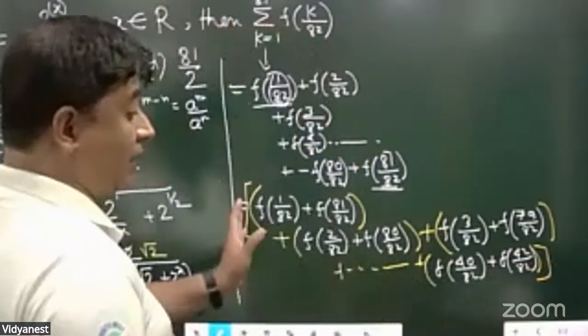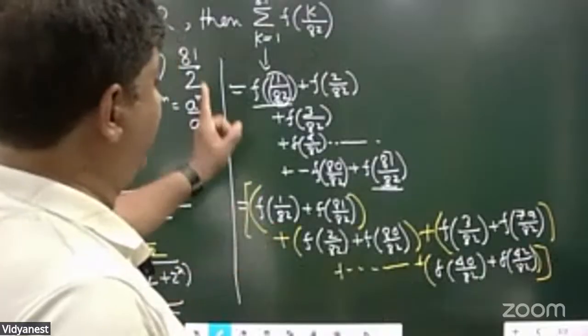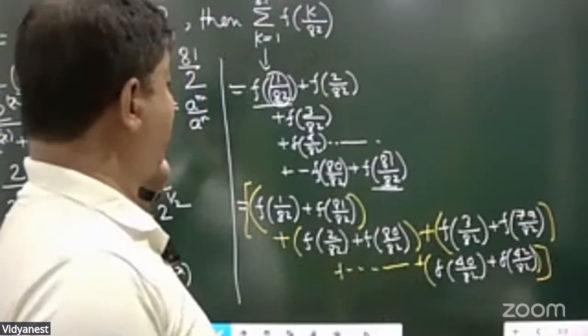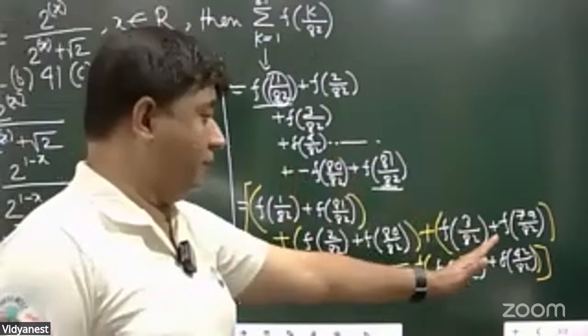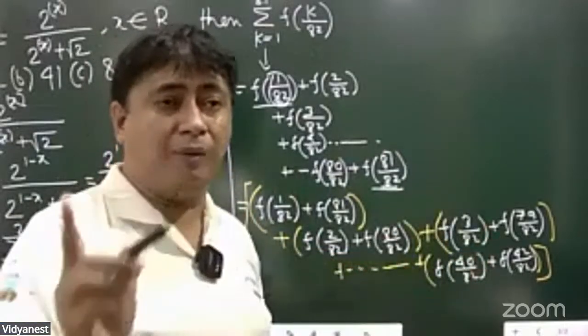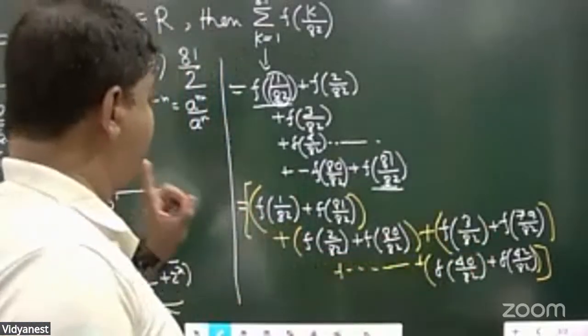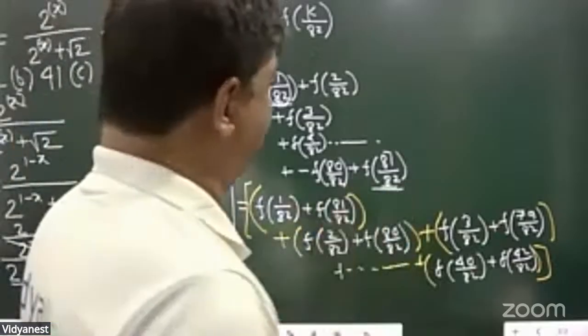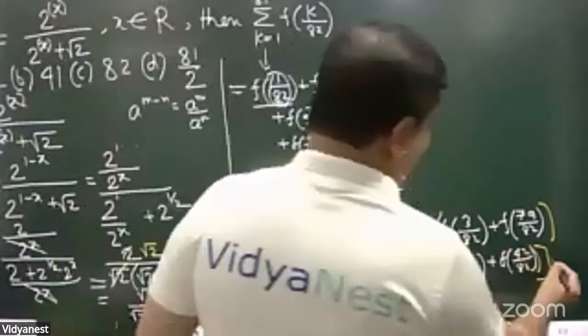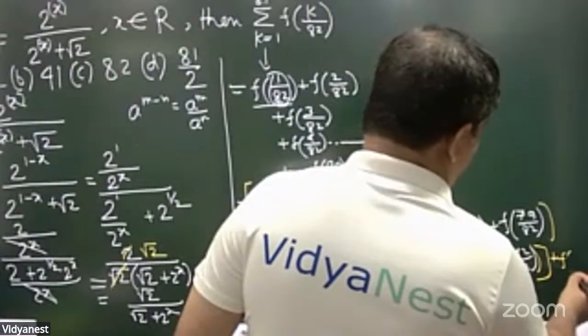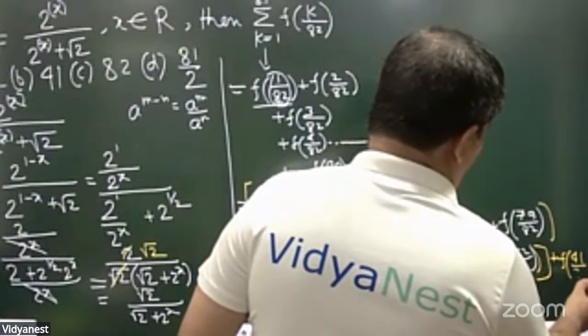How many times? See, there were 1 to 81 students. One student is taken out. Who? That roll number 41. Yes or no? Yes, sir.